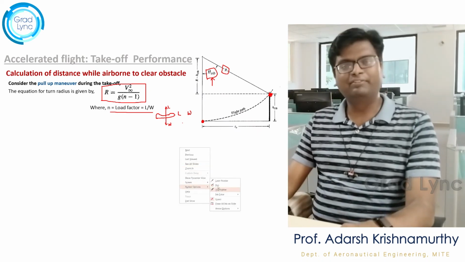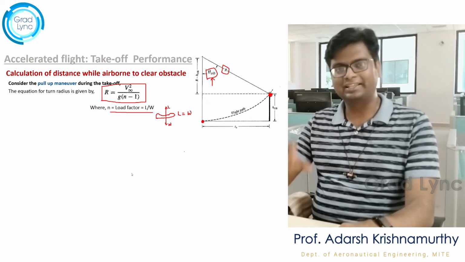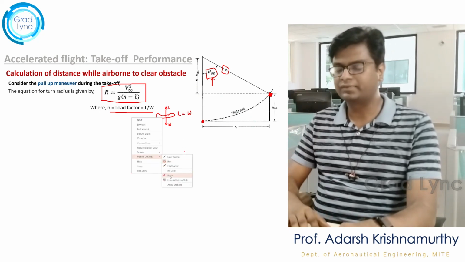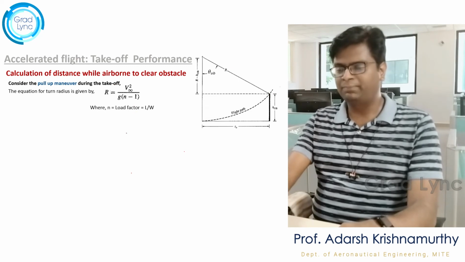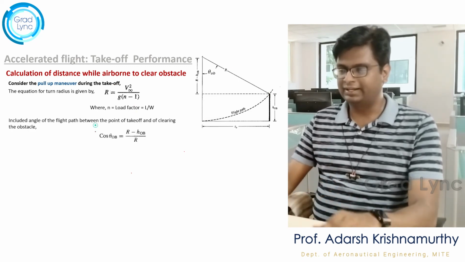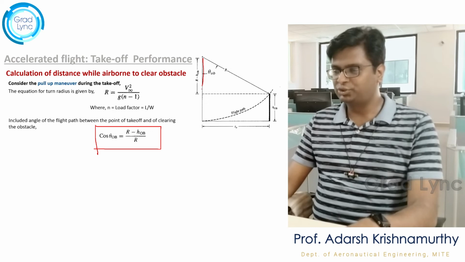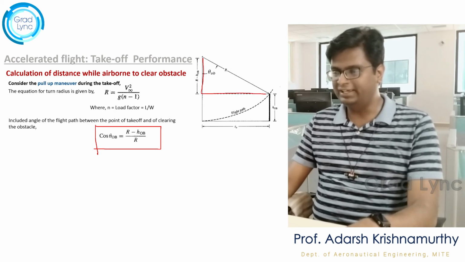Now, using that equation, I can calculate the radius of this arc, and I will apply the trigonometric function for the angle theta OB, for this particular triangle. So cos of this angle theta OB is equal to adjacent by hypotenuse.